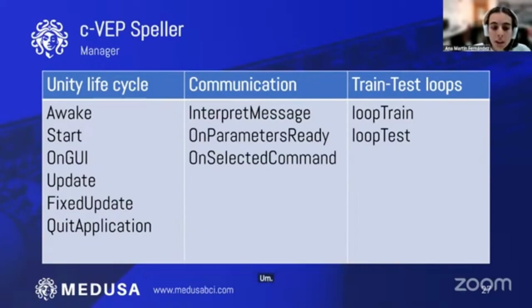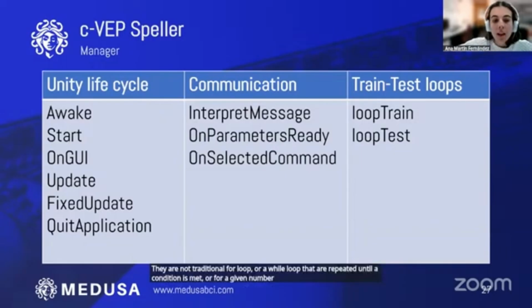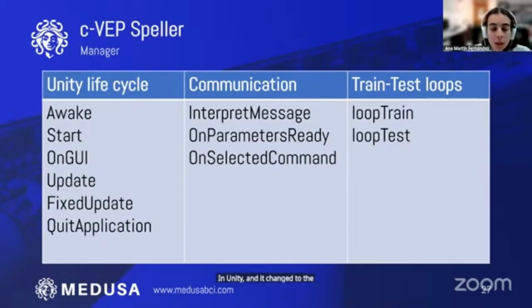One thing to note here is that although they are referred to as loops, they are not traditional loops such as a for loop or a while loop that are repeated until a condition is met or for a given number of times. In Unity, any change that needs to be made to the interface needs to be executed from the main thread.